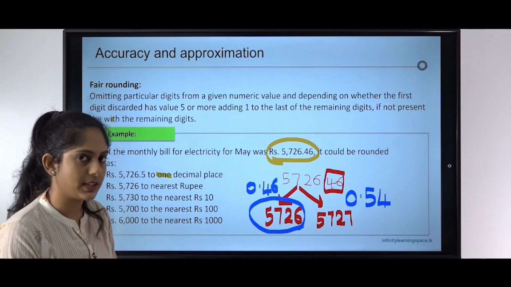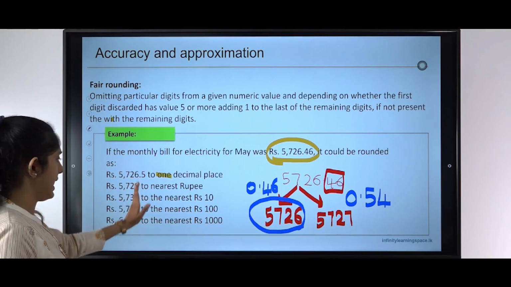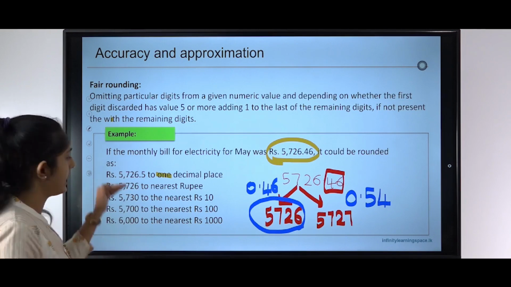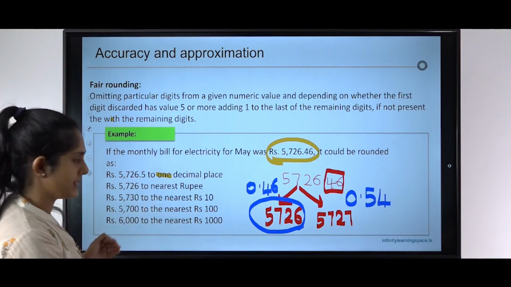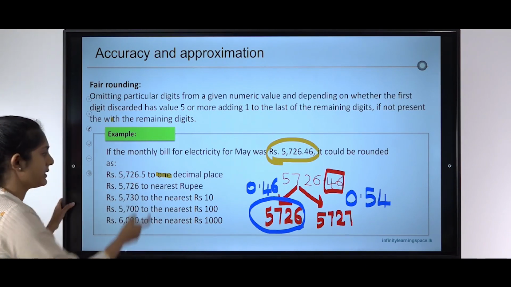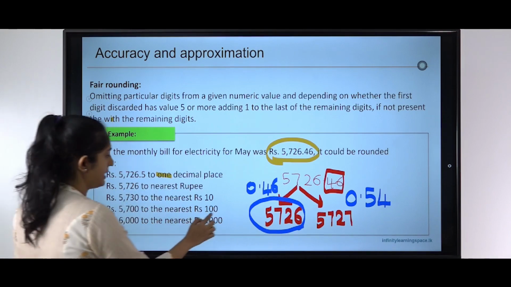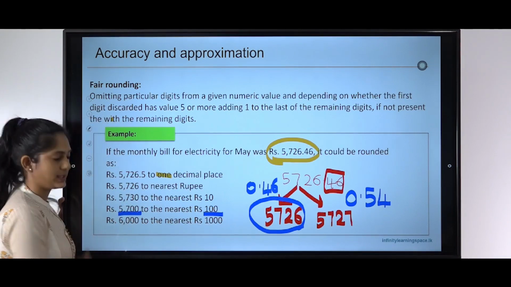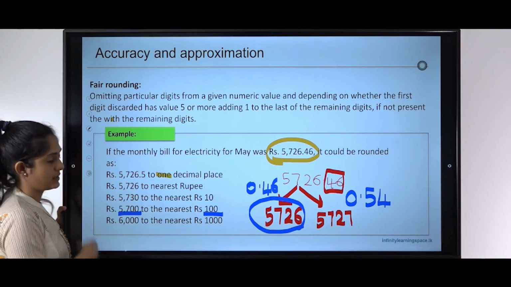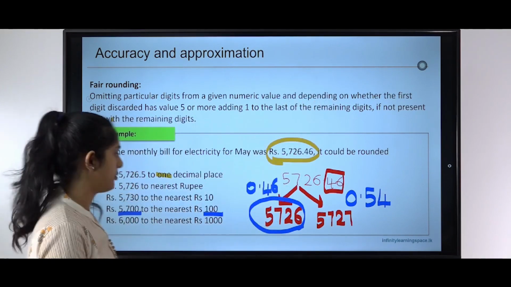Same way, you might be asked to round off to the nearest 10, which means the last digit is going to be 0. So 5,726 can go to 5,720 or 5,730, but the closer one is 5,730. 5,726.5 or 5,726.46 to the nearest 100 will be 5,700 because it's only 30 odd less. 5,800 won't be close, it's too far.